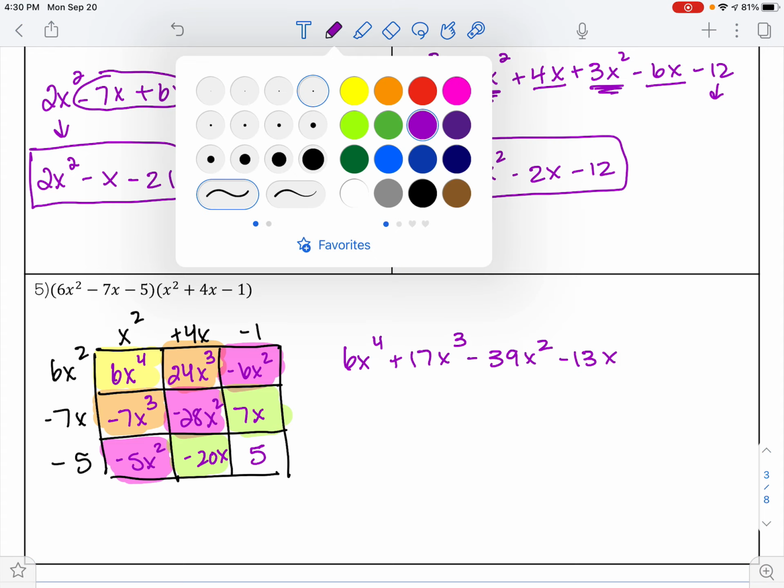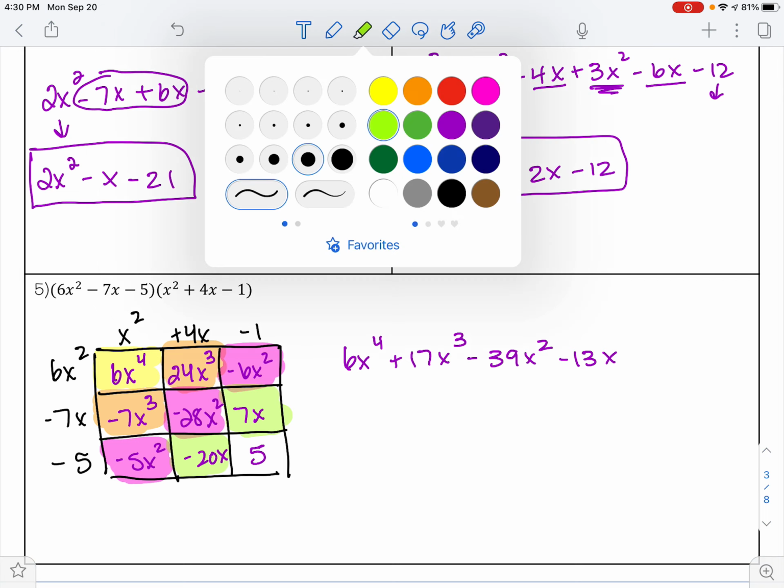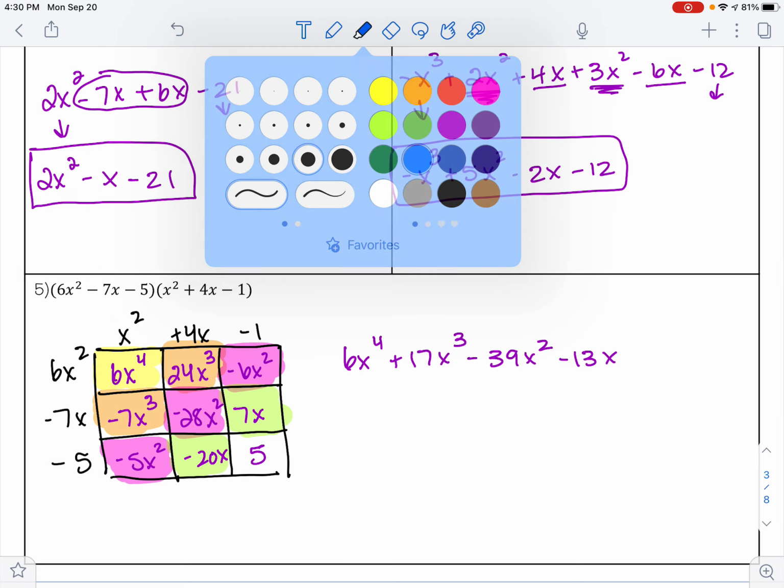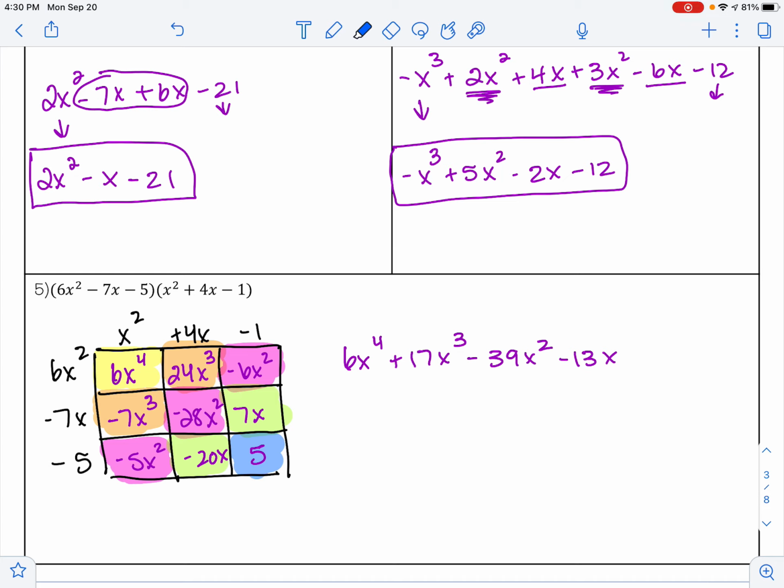And last but not least, 5 does not have a like term, so that will go last. So our final answer would be 66x to the 4th plus 17x cubed minus 39x squared minus 13x plus 5.